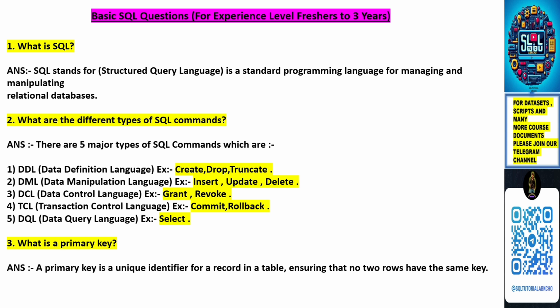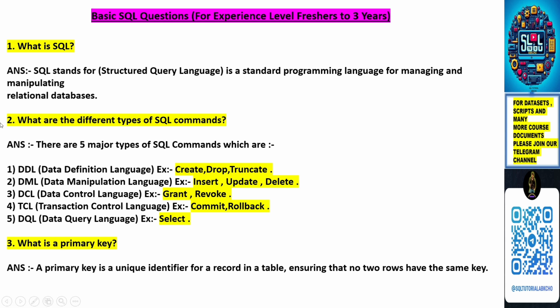Then we have the TCL, transaction control language, which has two commands, commit and rollback. And the fifth one is the DQL, data query language. For that, you can provide the example as select. Example is also needed. If you are mentioning the commands, then you can also provide examples of which commands they contain.